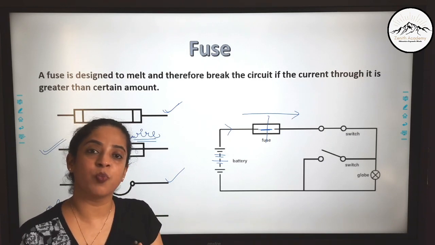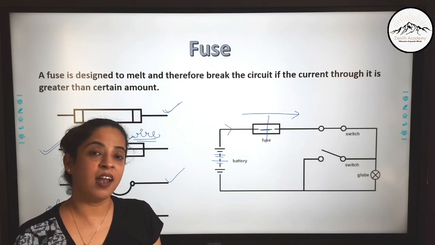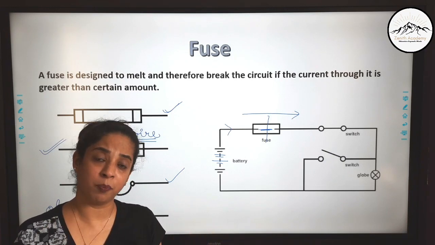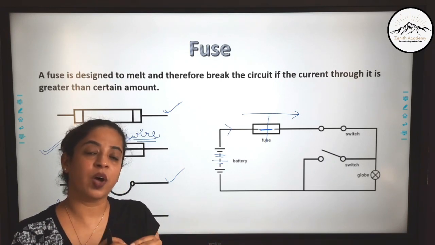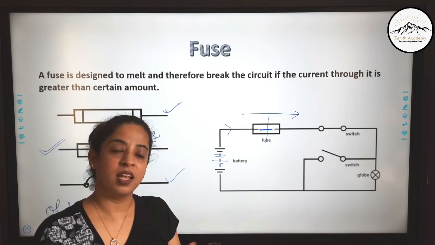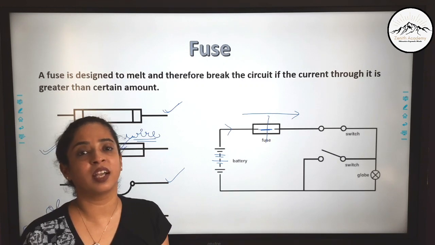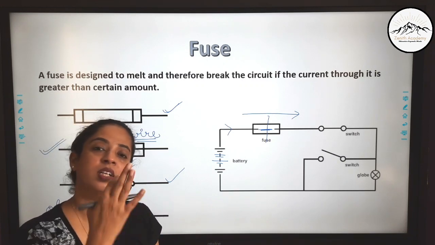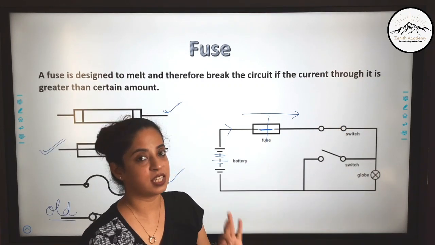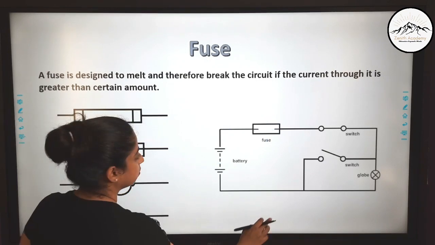If resistance is more, there will be heat generated, and because of the heat and the fact that this wire is made up of a low melting point material, this wire will melt and break down. Once it breaks, the circuit is broken, or we can say the circuit is open. Now the current can't flow in the circuit and hence our appliances are saved. So fuse is a very important component.